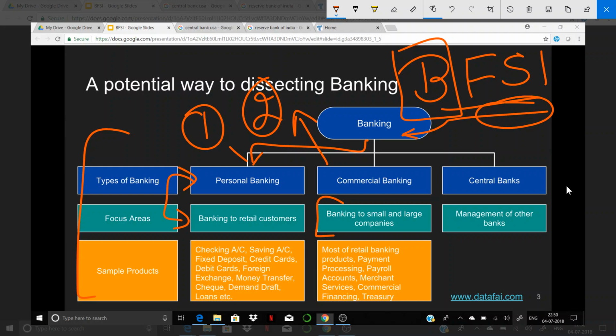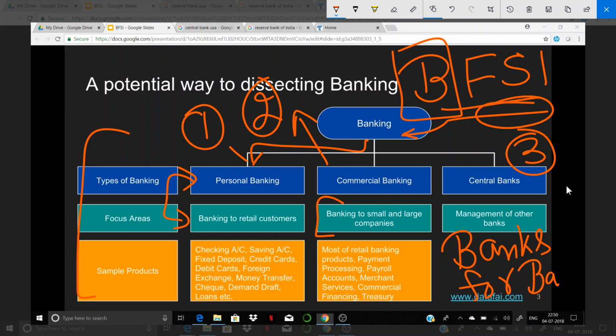Now, at the opposite end of the spectrum, you will see what we have over here as central banks, right? These are the banks, you can think about it, these are the banks for banks, right? So they do not deal with the end customers directly, but they are there to manage the banks, set the guidelines, standards, protocols, all of that, that the other banks have to really follow and adhere to, right?